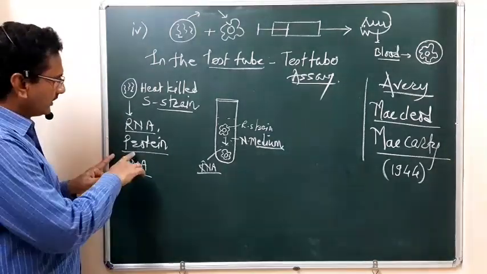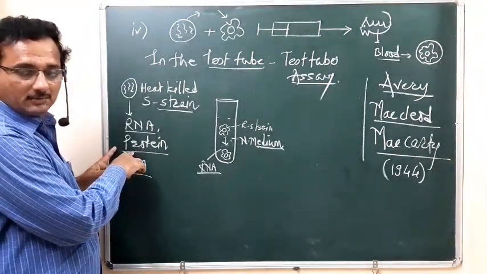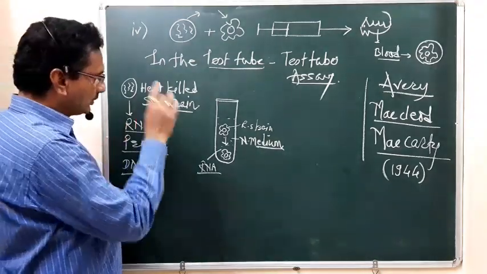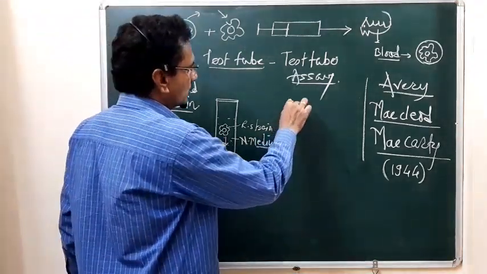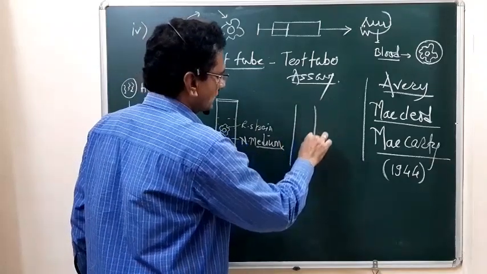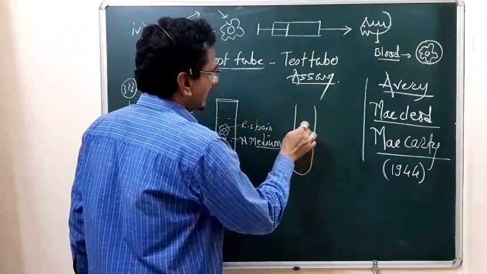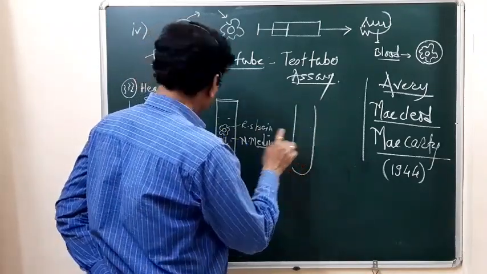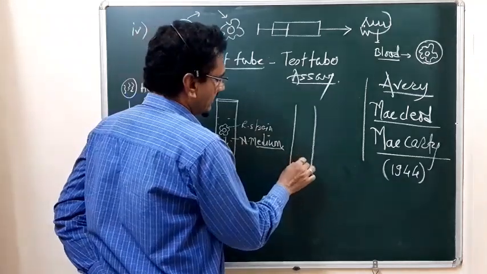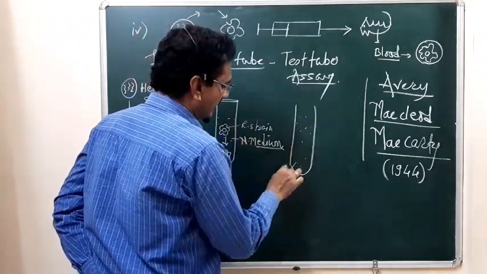Then they try the next isolated material, that is a protein. So in the second test tube, they took this protein, the protein they isolated from the heat killed smooth strain, in the nutrient medium.